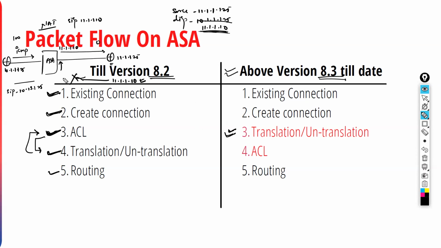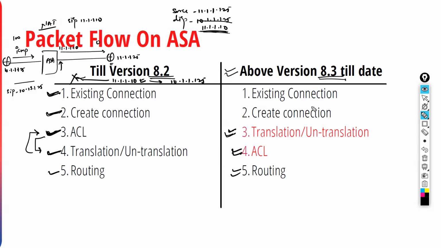ASA will find the entry in the translation table and translate it back to 10.1.1.125. And after that, it can apply the ACL and take the routing decision. Got the differences between version 8.2 and the newer packet flow? Yes or no?